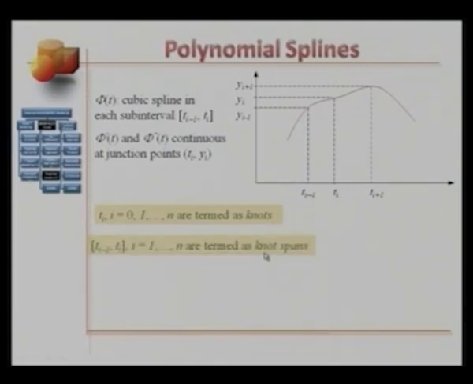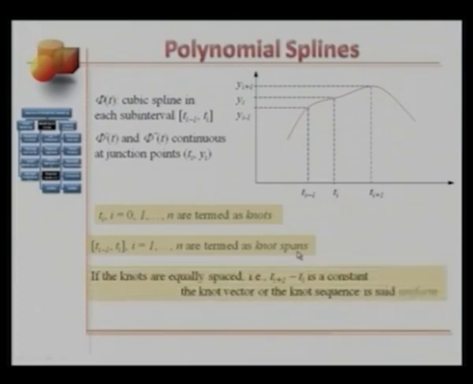Going further, these spans t i minus 1 to t i, t i to t i plus 1 for different values of i are called knot spans. If the knots are equally spaced, that would mean that if these knot intervals are of constant length, the knot sequence is said to be uniform.